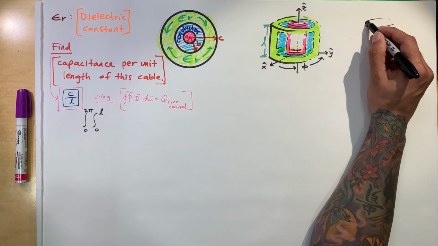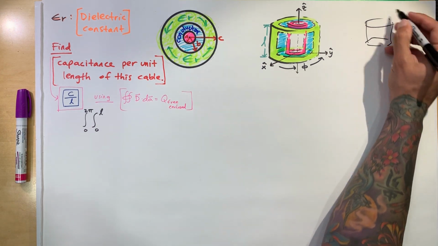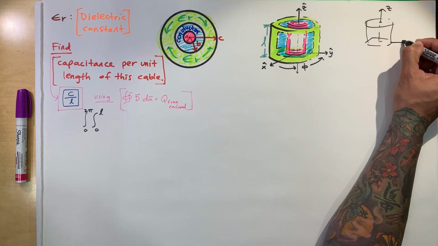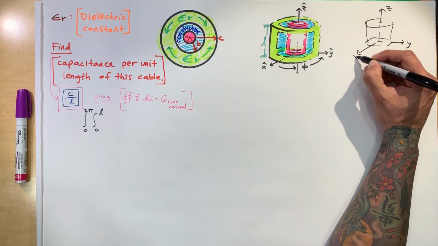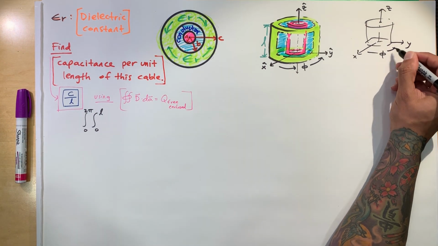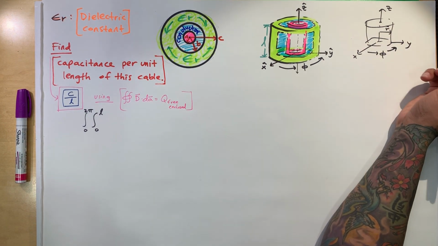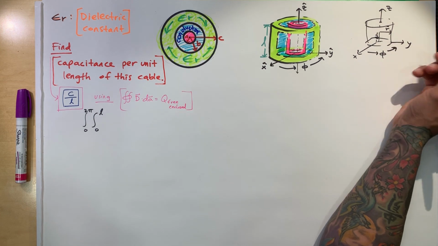Let me show you quickly. A cylinder, with Z up, Y here, and X here. We have phi coming like this, R is outward like that, and Z is up right here.